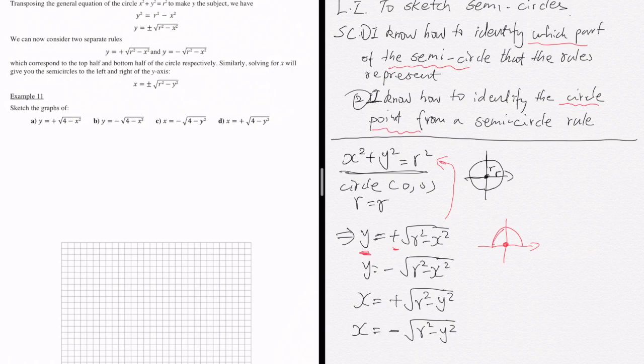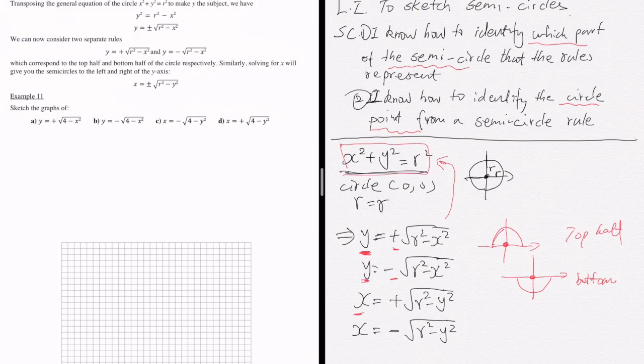Here, y is the subject again, and it's the negative square root, so we have the negative y, with (0, 0) as the center, and we have the bottom half. So that's the top half and bottom half when we rearrange the equation to make y the subject.